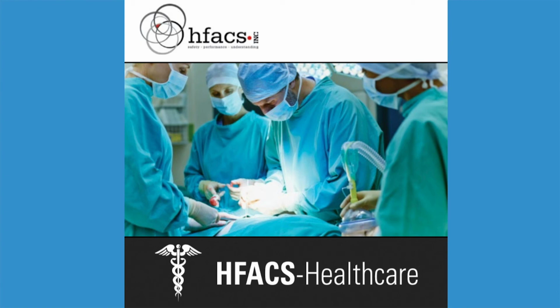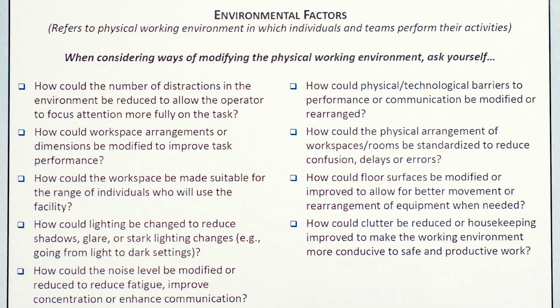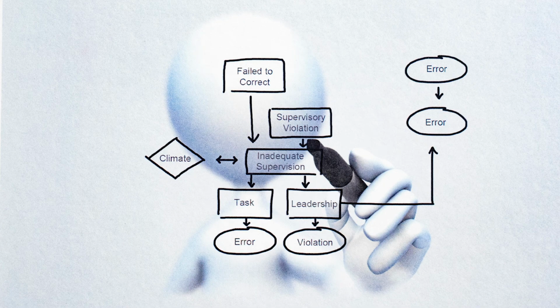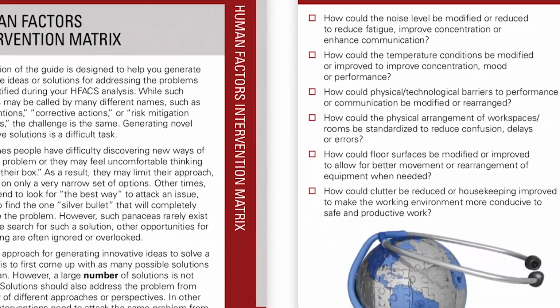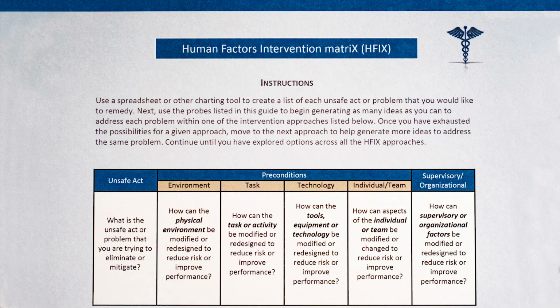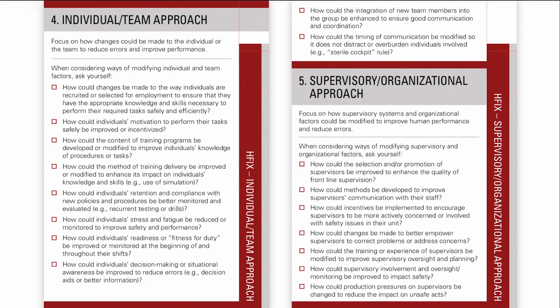The HFACS RCA Toolkit provides concrete user-friendly materials, including HFACS checklists, interviewing questions, diagramming tools, and causal factor templates. It also includes the new Human Factors Intervention Matrix, or HFIX, which facilitates the development of innovative corrective actions to solve issues identified during an HFACS RCA.